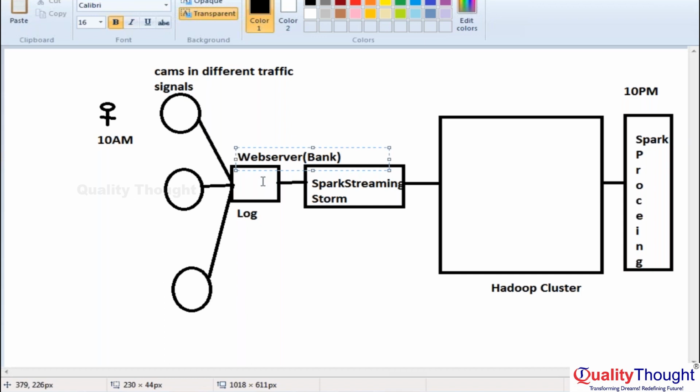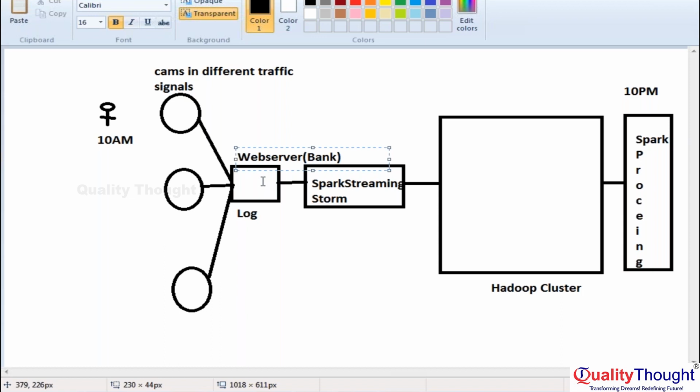For example, every Friday a person is booking bus tickets. There are multiple sites offering bus ticket bookings, right? We want to give this information to different websites, Redbus or Abibus, so that they provide different offers.